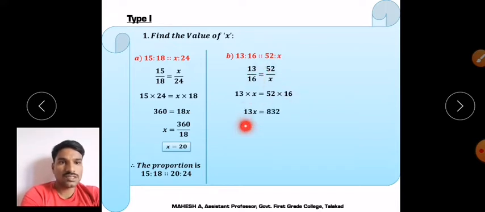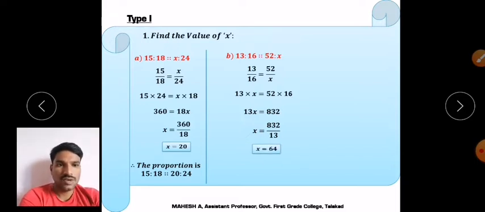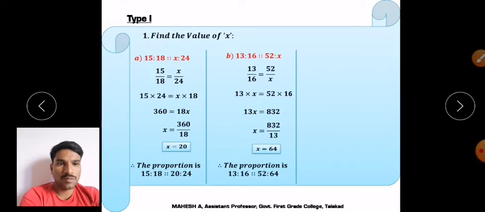So 13 into x, 13x, 52 into 16, 832. Therefore, x is equal to 832 divided by 13, and your answer is x is equal to 64. Then the proportion will be 13 is to 16 is equal to 52 is to 64. You multiply 13 into 64 and 16 into 52, you will get the same figure of 832. So ಅದು ಬಂತಾ ಇದೆ ಅಂತಂದ್ರೆ ನಿಮ್ಮ ಆನ್ಸರ್ ಕರೆಕ್ಟ್ ಇರುತ್ತೆ.